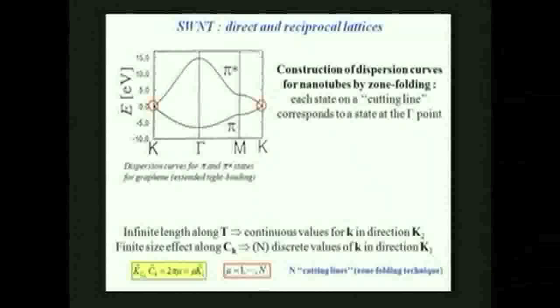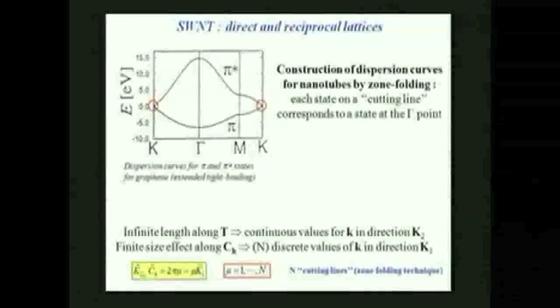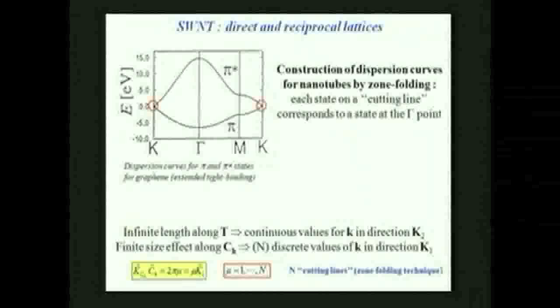So it was mathematical to define the reciprocal lattice. It will be mathematical now to define in what case you will cut the K point with the wave vectors allowed for nanotubes.